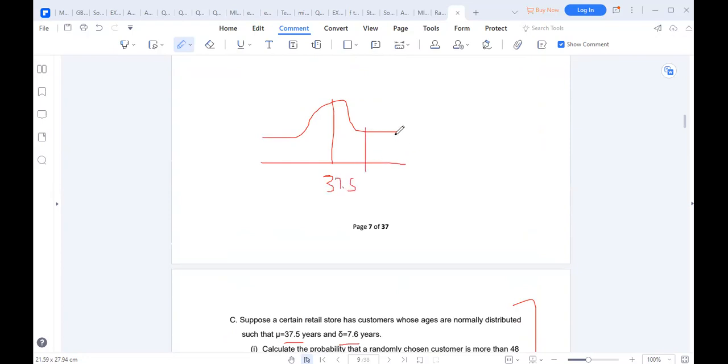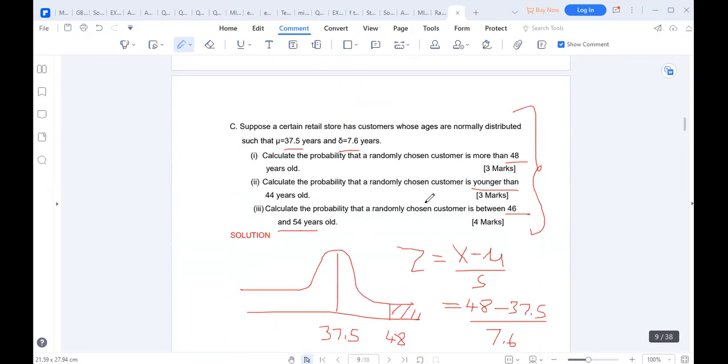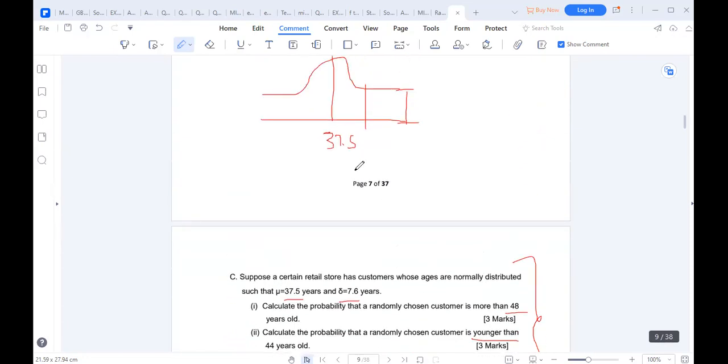So 46 and 54. Since it is an interval, you standardize this one and standardize that one, and take the difference between their Z probabilities.